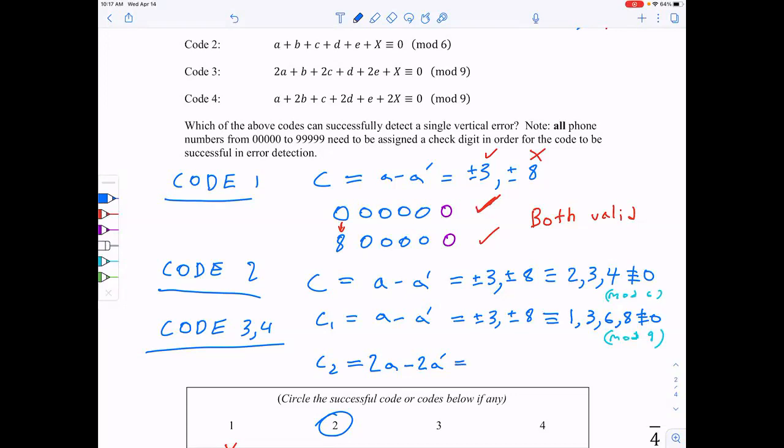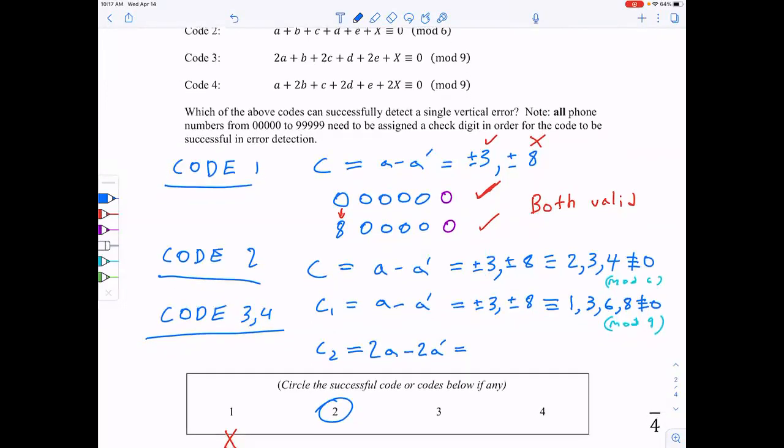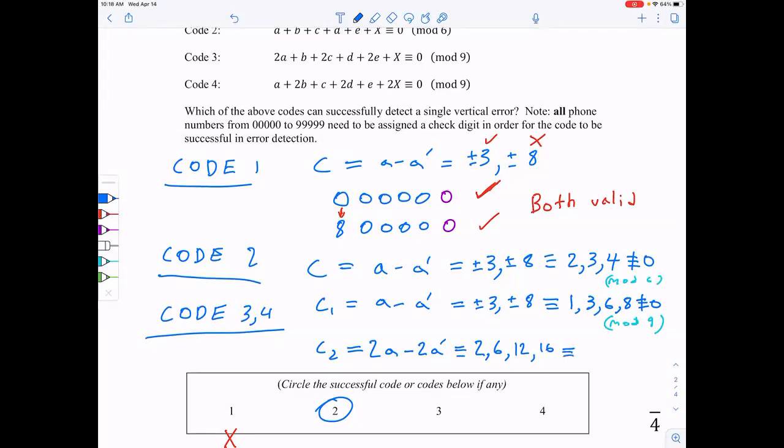Okay, so this time around, let's think about all the possibilities that you could get. So it's really just twice of everything that's above. So the 1 could become a 2, the 3 could become 6, or 12, or 8 multiplied by 2 is 16. So it could be those possibilities in mod 9. And we should reduce those just so we can see the remainder.